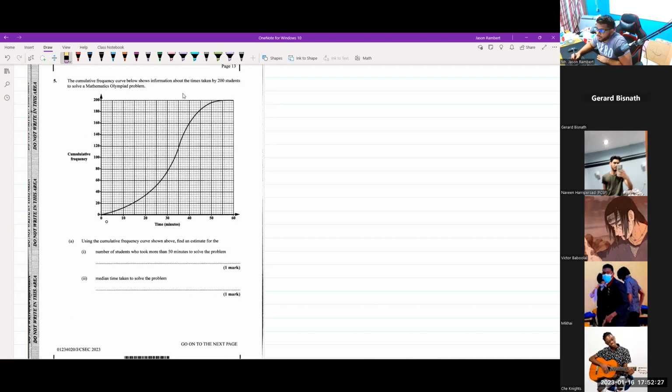Each one is going to be 4. So 84, 88, 92, 96. So 196 people would have been able to solve the problem in under 50 minutes. So 4 students took more than 50 minutes. Look at that.